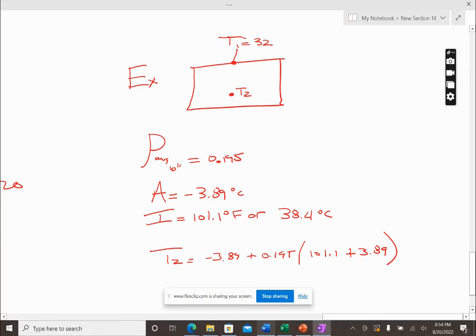So we're taking negative 3.89 plus 0.195 times, this should be in Celsius, 38.4 plus 3.89, and we get 4.35.